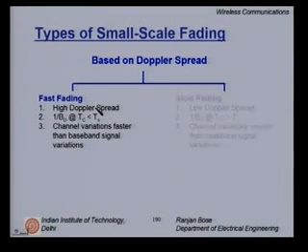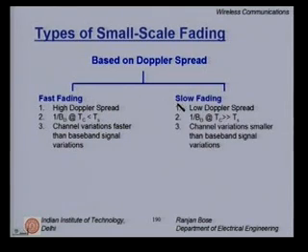The counterpart is a slow fading scenario where we have low Doppler spread. The relative motion of the transmitter with respect to the receiver is much slower than how fast the signal is changing. Here we have T_C, the coherence time, much greater than the symbol duration T_S.